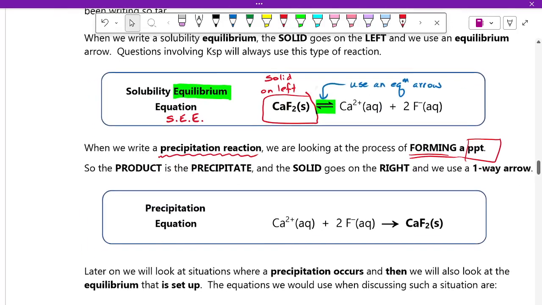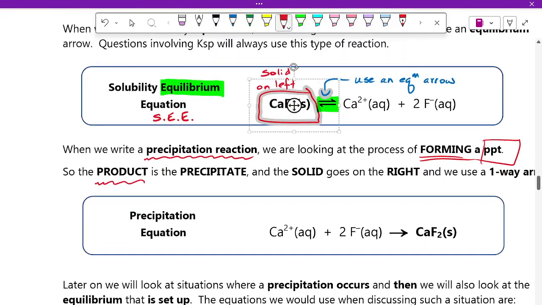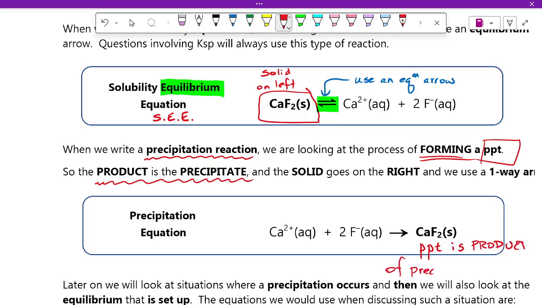That means the precipitate is the product. So where does the solid go in a precipitation equation? It goes on the right.